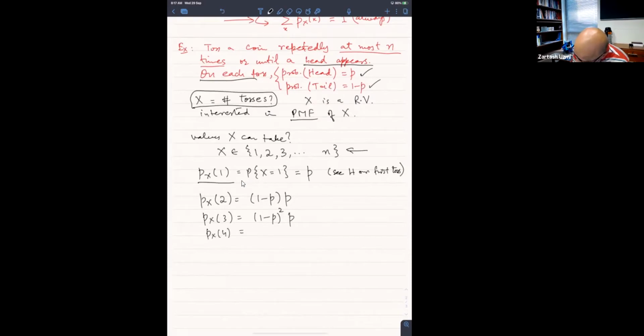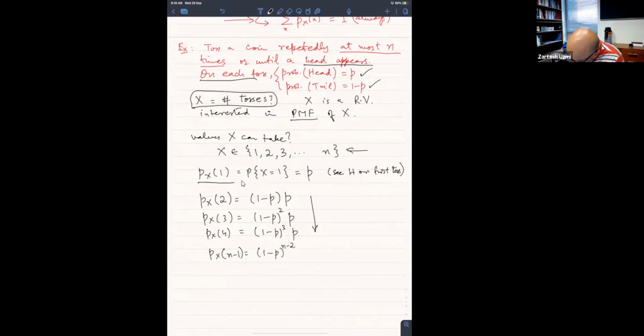P_X(4) is (1 minus P) to the power 3 into P. P_X(n minus 1) would be equal to, if we keep going like this, what is this pattern telling us? What would be the probability that X takes the value n minus 1? X takes the value n minus 1 when the first n minus 2 tosses are tails and the n minus 1th toss is a head.